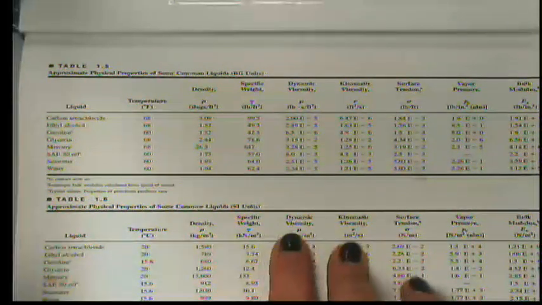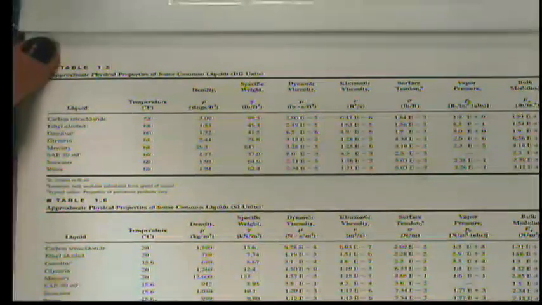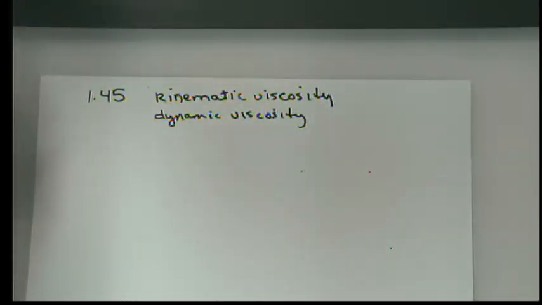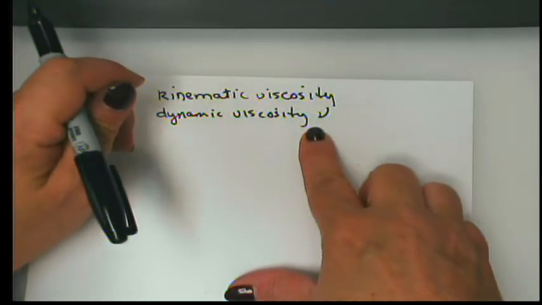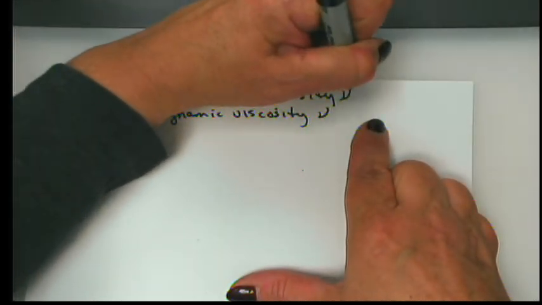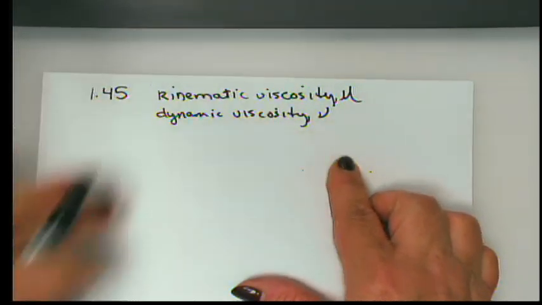Dynamic viscosity is the one that we refer to just as general viscosity, mu, and kinematic viscosity has a scrolly v, which is the Greek letter nu. So kinematic viscosity is designated by nu, and dynamic viscosity is designated by mu. All right.